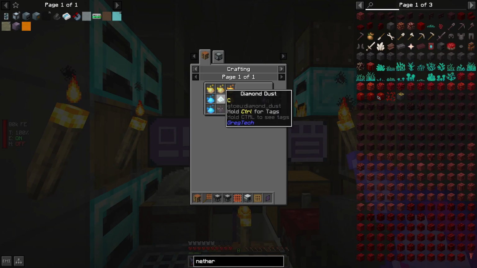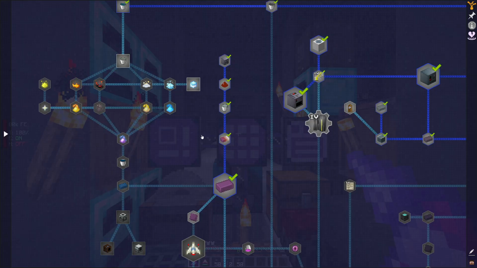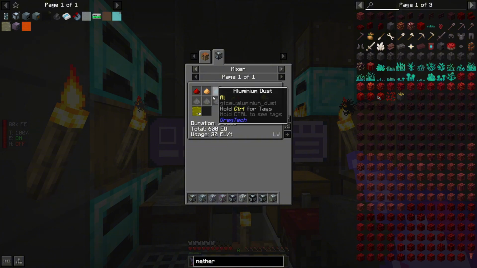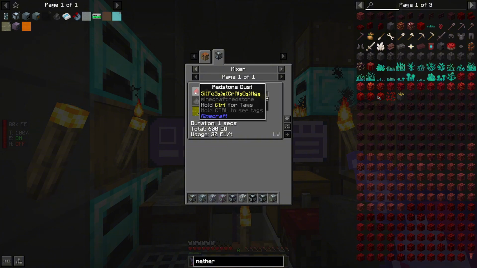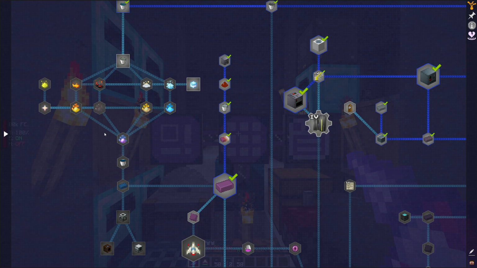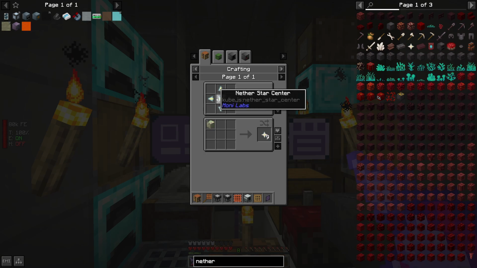Do we need... Okay, we just need diamond to make the primal mana. It shouldn't be too crazy. We do eventually need to get into luminescence, which comes from redstone, glowstone, and aluminium with phosphoric acid. So we're going to need to figure that out. Oh, craftable nether stars. Yeah, that whole thing.